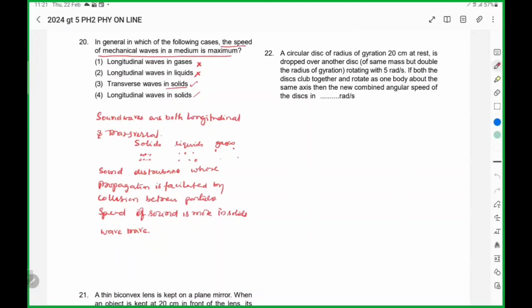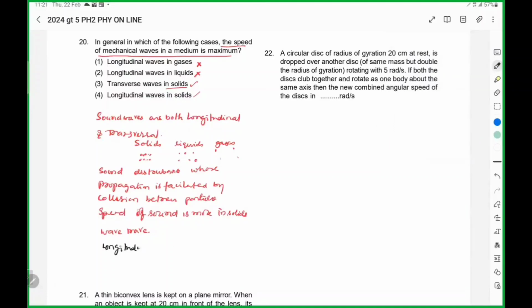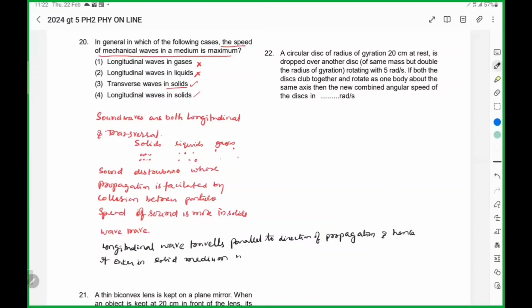So a longitudinal wave travels parallel to the direction of propagation and hence it enters the solid medium without wasting much energy.